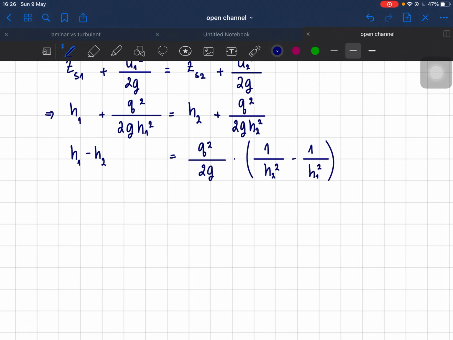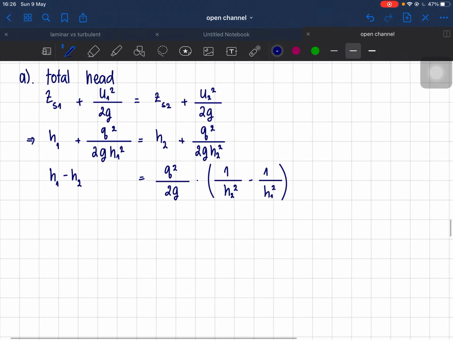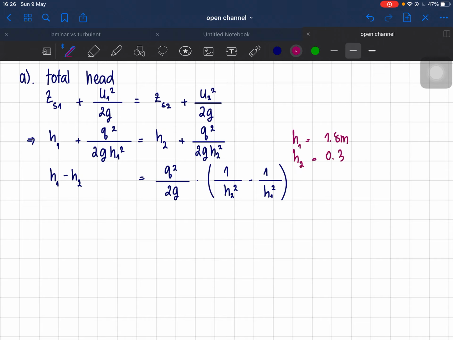And then we can find, what else can we find from this one? We substitute things here, right? So H1 equals to 1.8 meter and H2 is 0.3 meters.